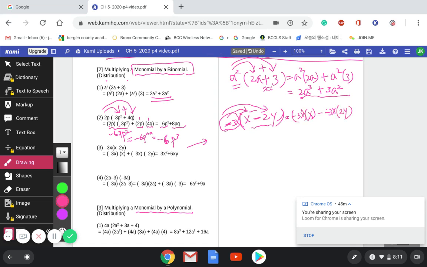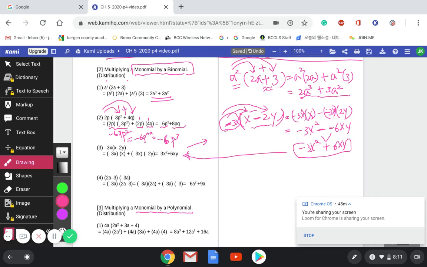So you can put the parentheses in case you have a negative sign to show that's one group. So that ends up with negative 3x squared minus negative 6xy. You have a minus with a negative, so that becomes addition with a positive, but you don't write a positive. So negative 3x squared plus 6xy becomes your final answer, like this. Okay.